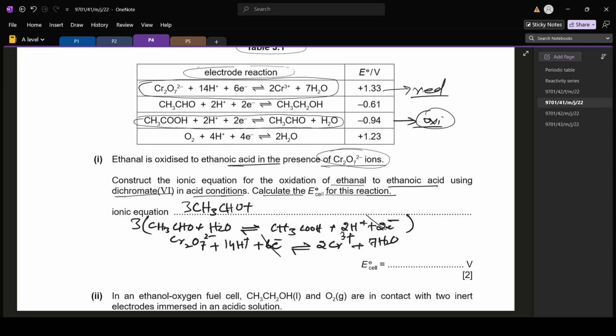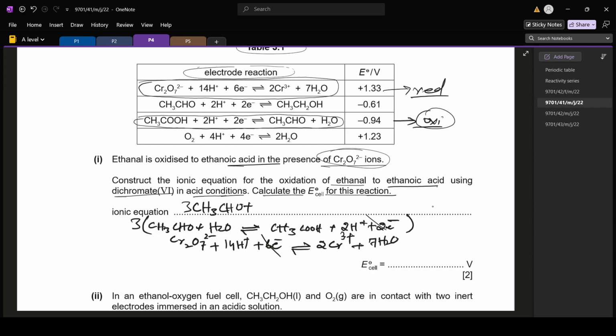If you take these 3 moles of water to the other side you will have 4 moles of water.